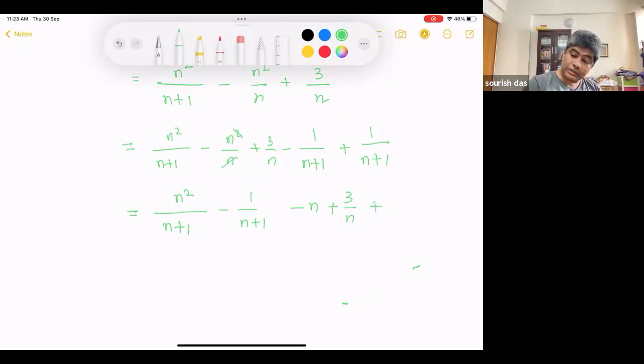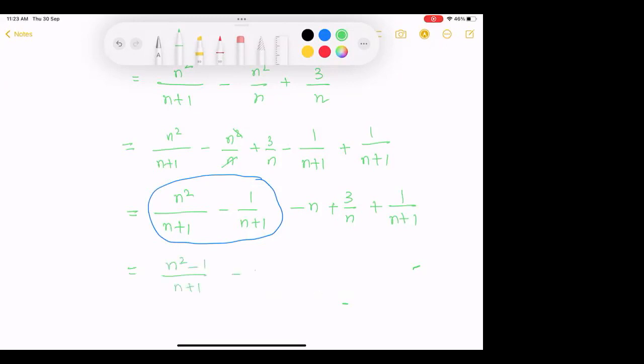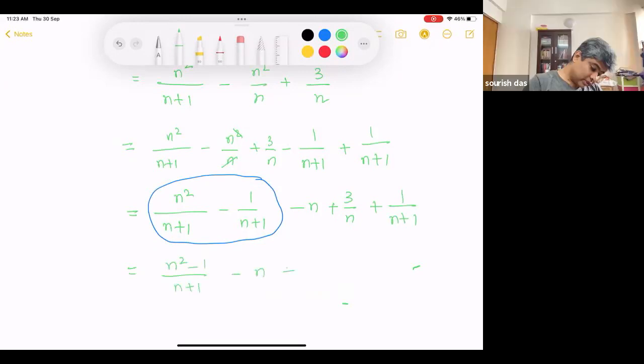And this will be plus 1 by n plus 1. So now if I just solve this part, then what happens? We can write it as n square minus 1 by n plus 1, n minus 1, minus n plus 3 by n.